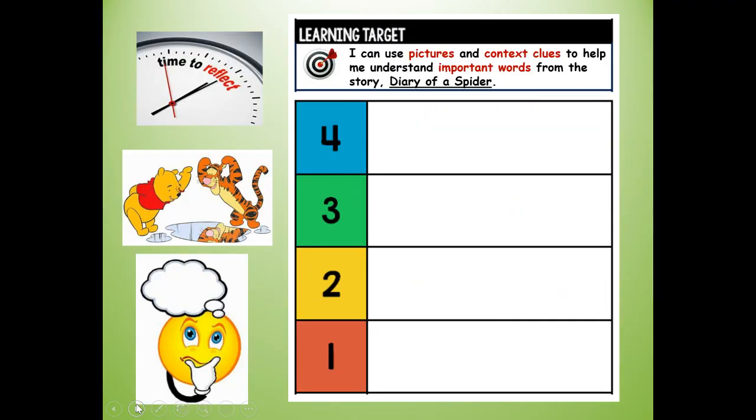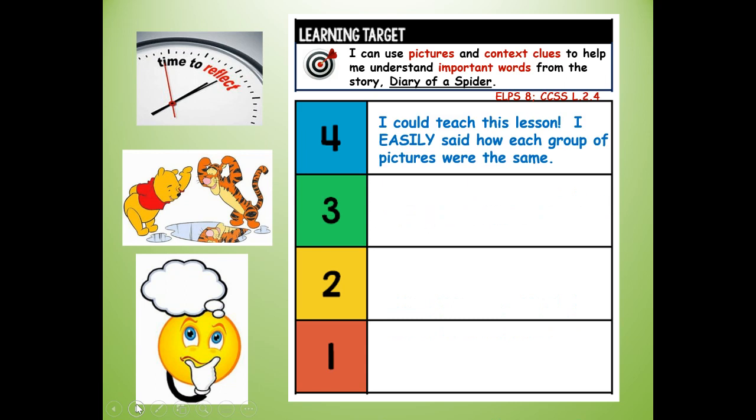On the top of your paper, it's time to reflect, just like Winnie the Pooh and Tigger too. Our learning target was, I can use pictures and context clues to help me understand important words from the story Diary of a Spider. 4, I could teach this lesson.